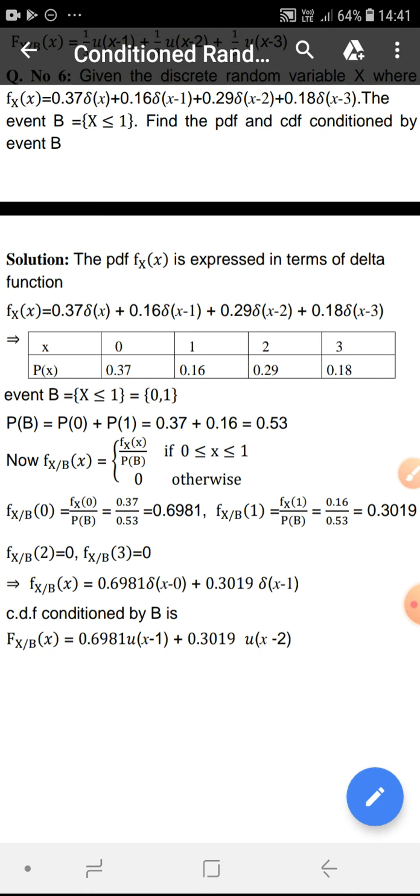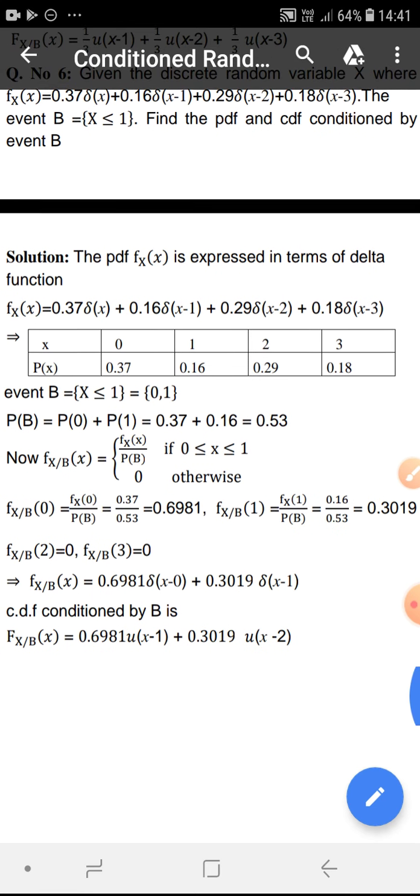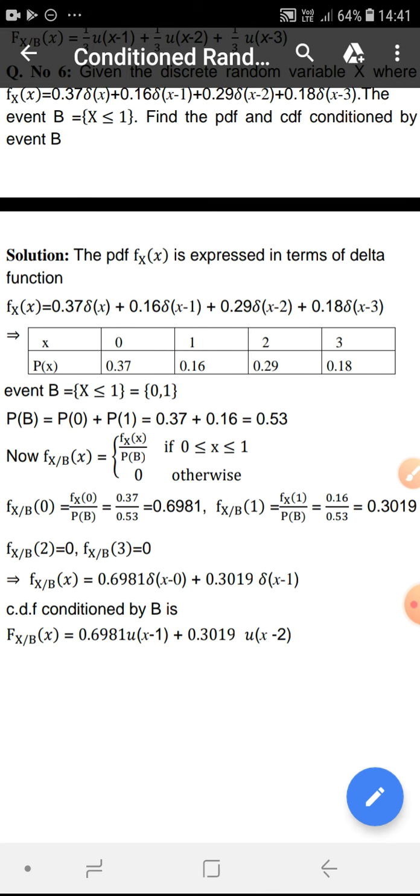Once you get the conditioned PDF, the conditioned CDF can be written by looking at that conditioned PDF. This is in case of a discrete random variable, provided the conditioned PDF is expressed in terms of delta function. Looking at that, the conditioned CDF can be written on replacing the delta function by unit step function, on replacing delta by u.